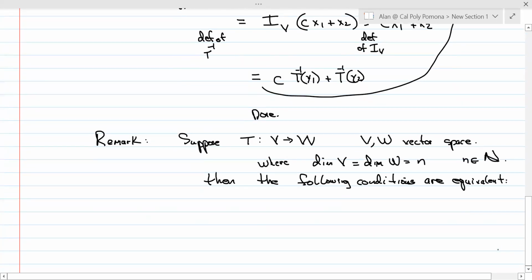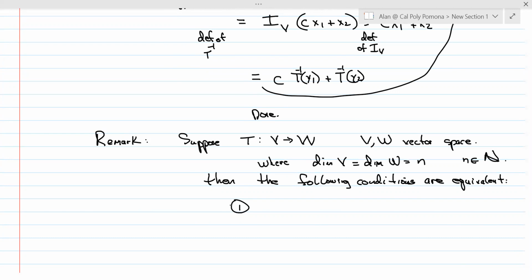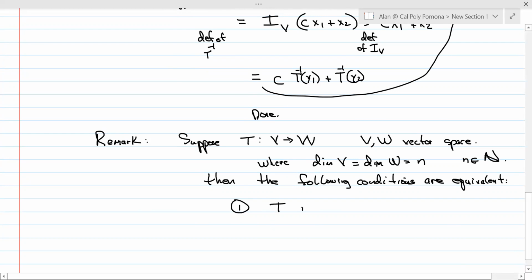What are the conditions? One, T is invertible. Two, T is one-to-one.